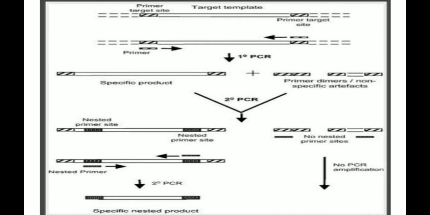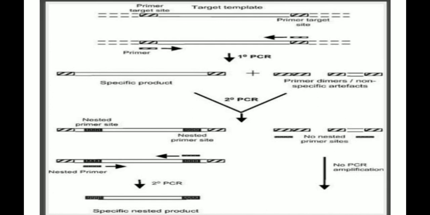So in the second PCR what happens, they use a nested primer or you can say inner primers, right? So there is a nested primer, and then you will get a specific nested product, and where there are no nested primer sites, you won't get a PCR amplification. So it has a nest.